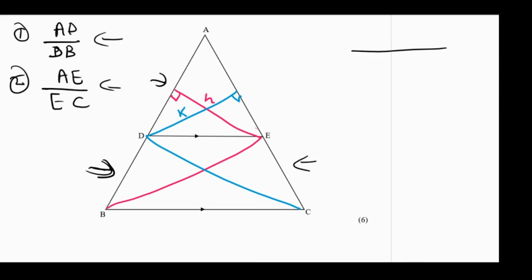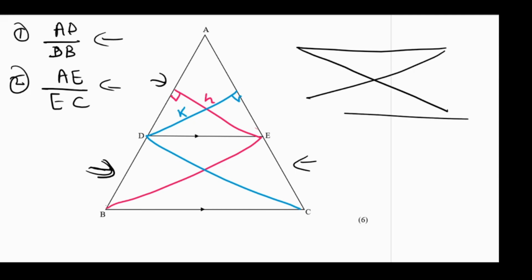We're having something that looks like this, and we have lines that look like that, and this is E, this is C, this is D, this is B, right? So what you need to notice is this. These lines are parallel, right? So this is parallel to this one.